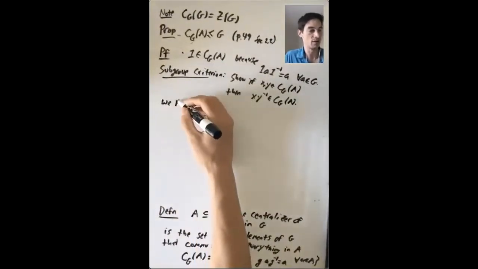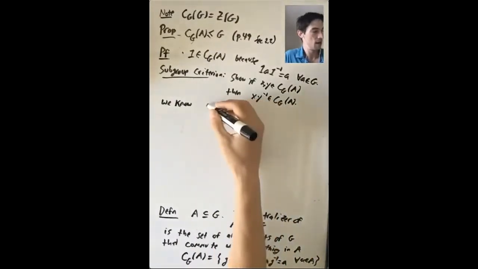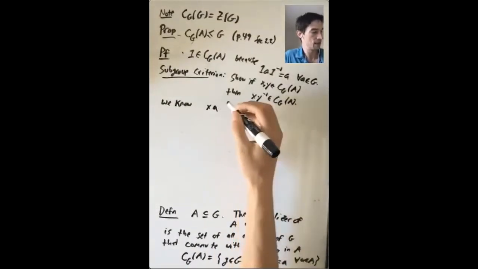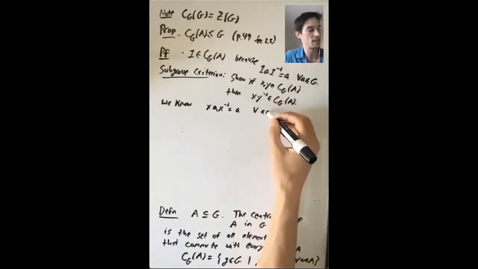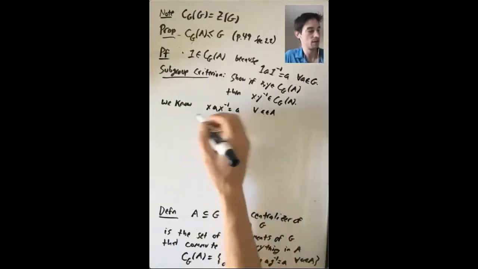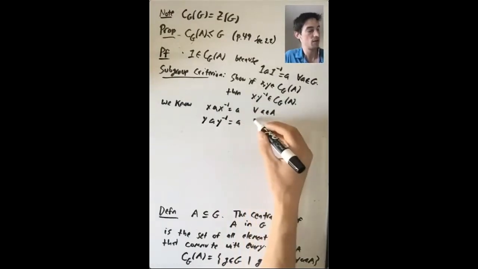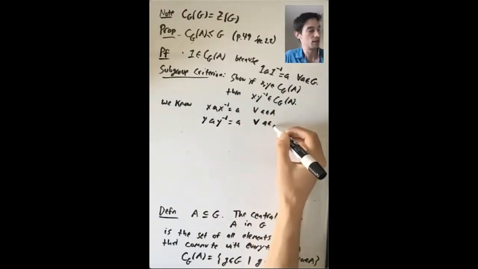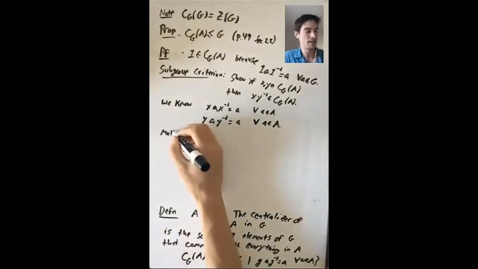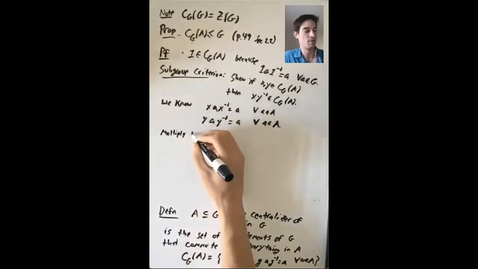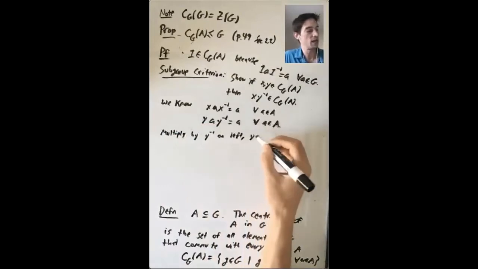We know that XAX inverse equals A for all elements in your set. And same thing, YAY inverse equals A for all A in your set. And the idea is we're going to multiply this second expression by Y inverse on the left and Y on the right.